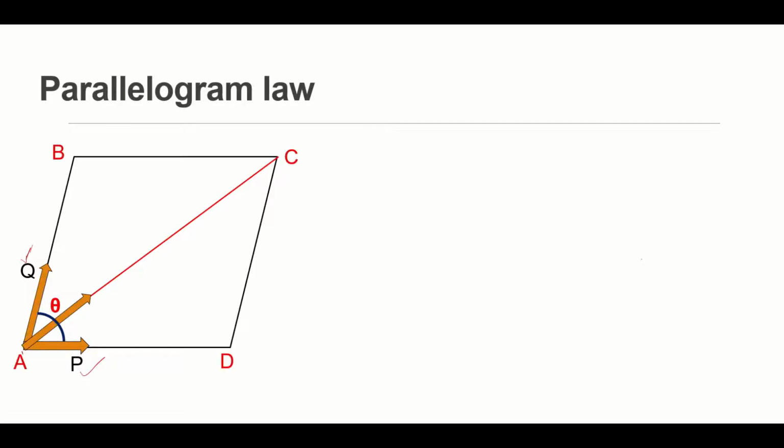Here, two forces act at an angle of theta, and the two forces represent two sides of the parallelogram, AD and AB. Then the resultant of the forces is represented by the diagonal AC. We will derive an expression for the resultant force.